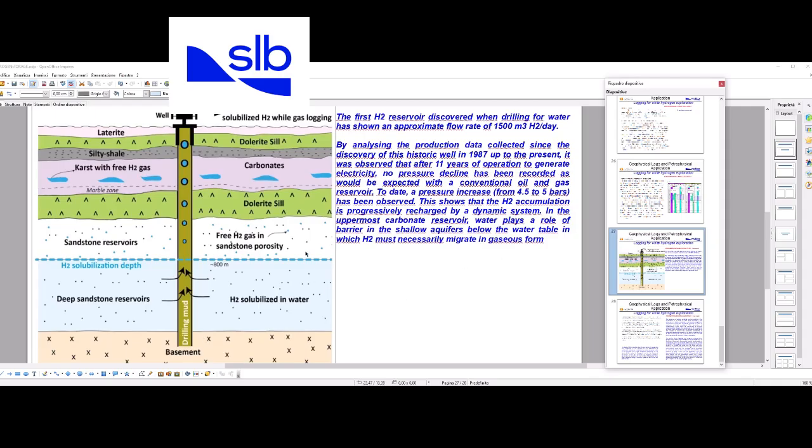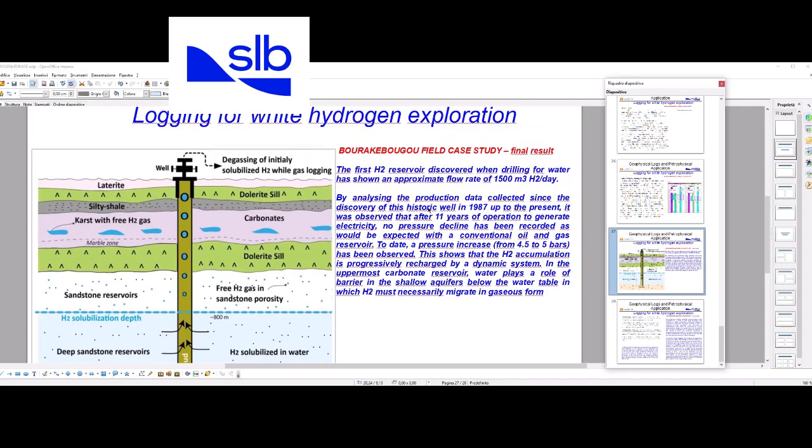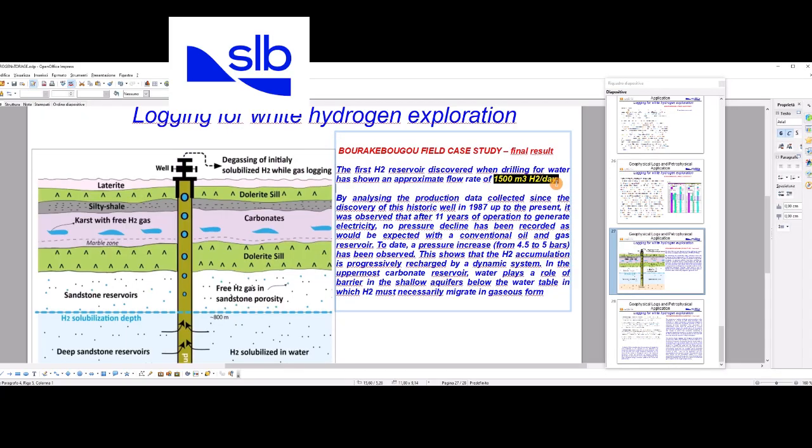So this is the complex geological situation of study in the Mali Bourakebougou field. Finally, we have the first production. We discovered this. The first production is around this volume value of hydrogen by day.